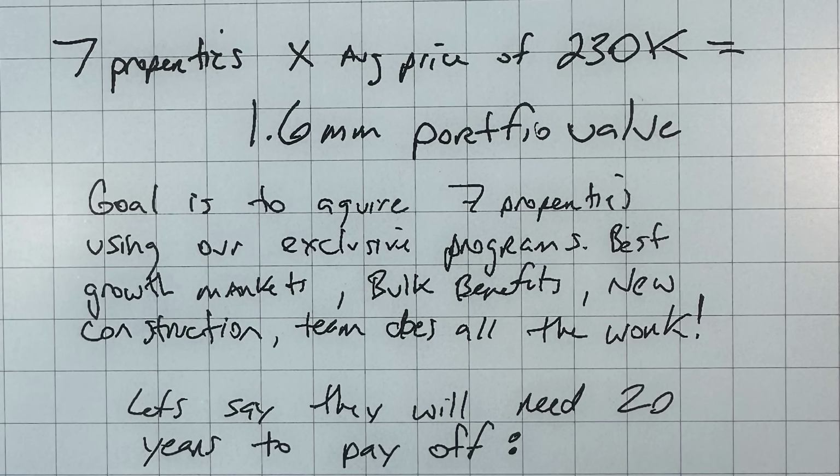Now this is important because they're not putting up $1.6 million. The bank is. And in another video, I'm going to detail how real estate provides 4 streams of income, including the cash flow from the tenant, but also the depreciation and appreciation and principal reduction of the property because the tenant is paying down the mortgage.